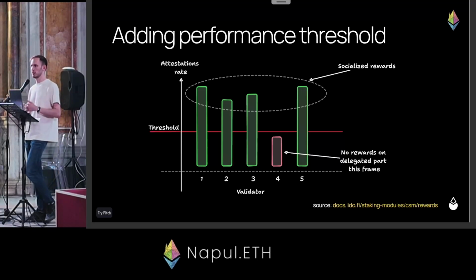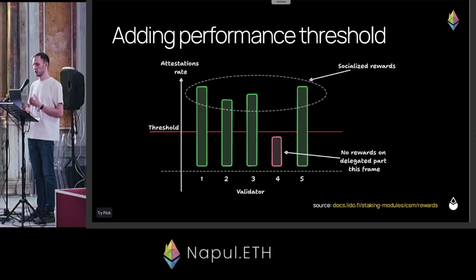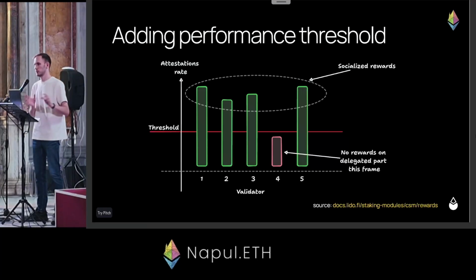If your validator runs with decent performance, it is able to get the socialized, smooth rewards. But otherwise, if your validator's performance drops below this threshold, it doesn't receive rewards for the delegated part of the stake, so these validators get out of the picture as well.